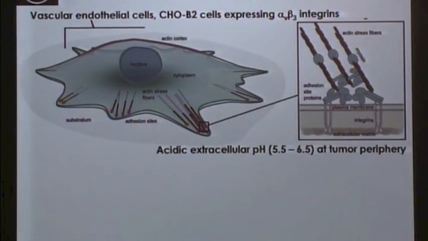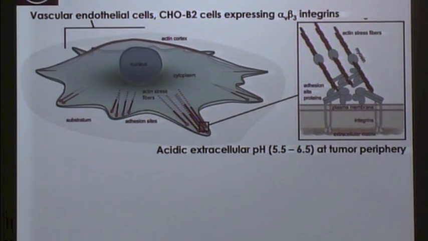So I'll show you another example where we used the same tool and even took it further in understanding how other extracellular cues, such as the acidity of the extracellular environment, affect problems relevant to cancer. So if this is a cell, and it could be a cell within a primary tumor, or it could be a cell in the vasculature, right? The way that that cell adheres to the matrix is through transmembrane proteins called integrin receptors.